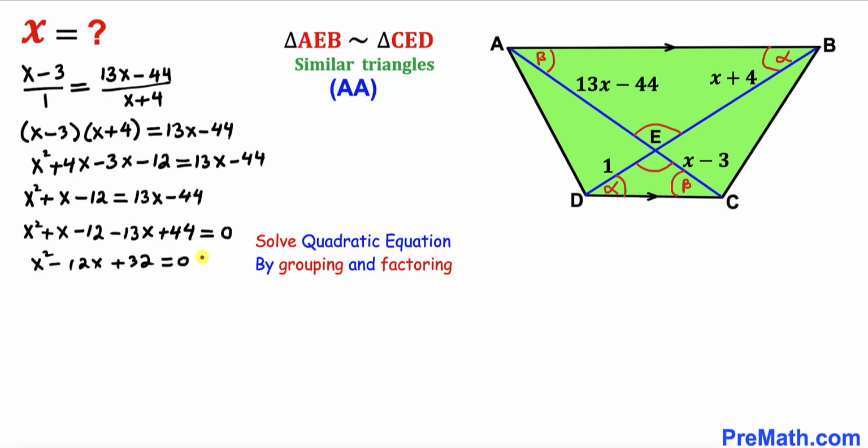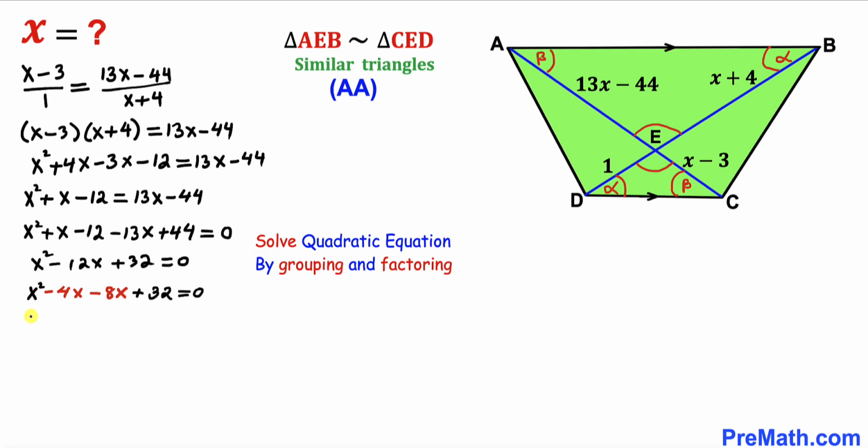Now we can see that this is a quadratic equation, and we are going to solve it by grouping and factoring. Let me focus on this middle term. Negative 12x can be written as negative 4x minus 8x. As you can see in this next step, I have replaced negative 12x by negative 4x minus 8x. Between the first two terms, x is in common, and between the last two terms, negative 8 is in common.